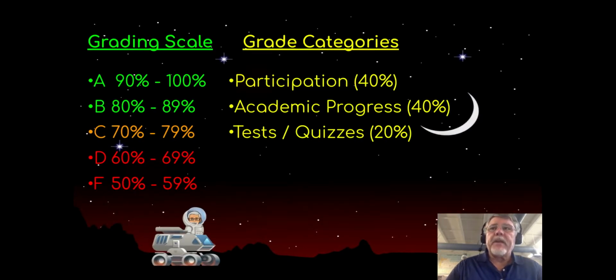Now, as far as the grading scale and the grading categories go for this year, I use a fairly standard grading scale with one major exception. So you can see here that an A would be the range of 90 to 100% on an assignment. A B would be 80 to 89, a C 70 to 79%, a D 60 to 69%.